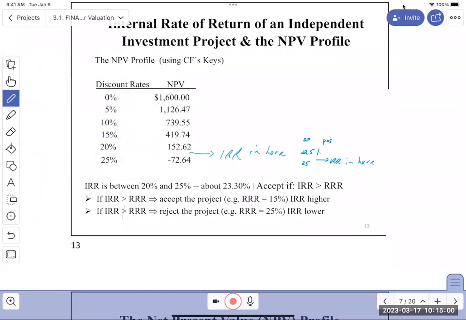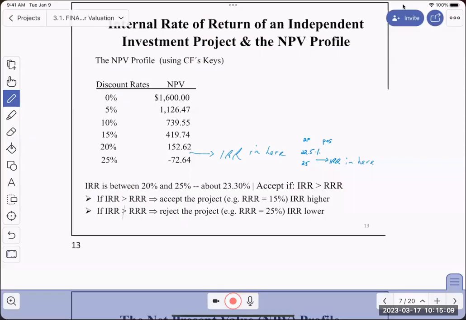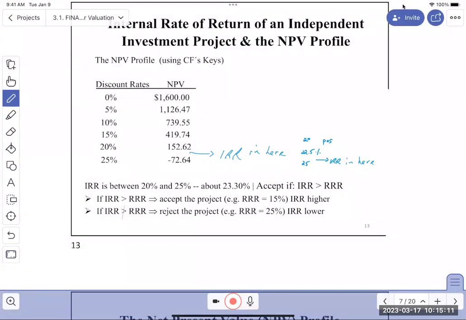So I said 23.75, right? So then you're going to say between 23.75 and 25. I have to do this in blue.